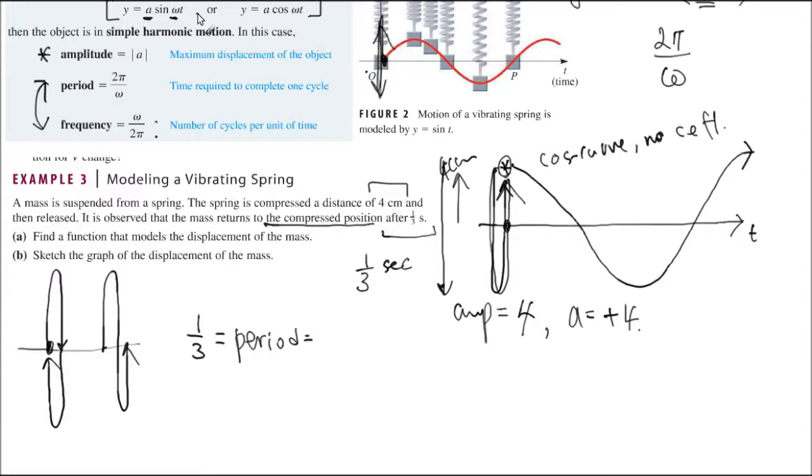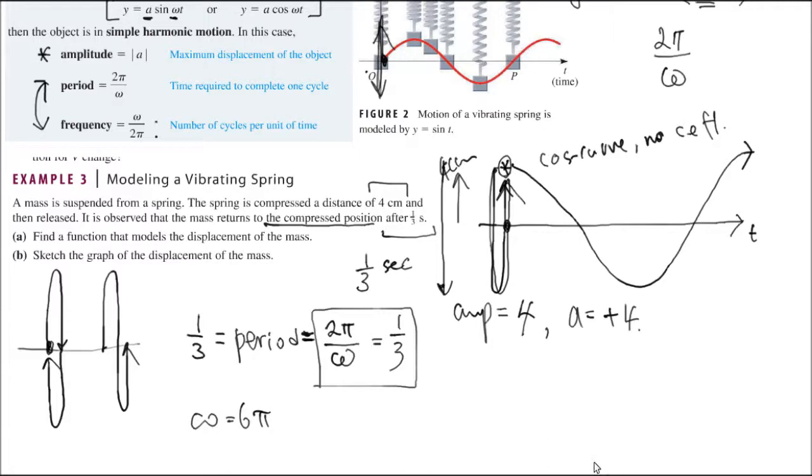How is omega connected to the period? 2 pi divided by omega, and that should be 1/3. That's the connection you have to make. 1/3 is given, but it is connected to omega in this way. So what is omega? 6 pi. We got A and we got 6 pi.